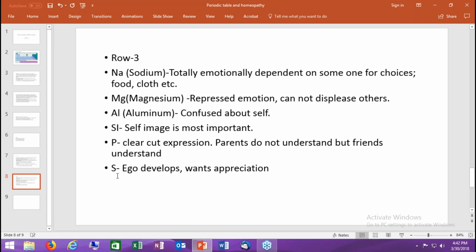Coming to sulfur, it is further different in terms of the ego. Here, the person has achievements. He has achieved many things, reputation, occupational achievement, etc. So there is an ego within, and he wants everybody to appreciate that.